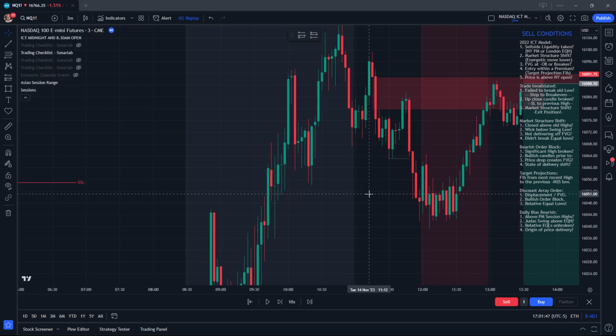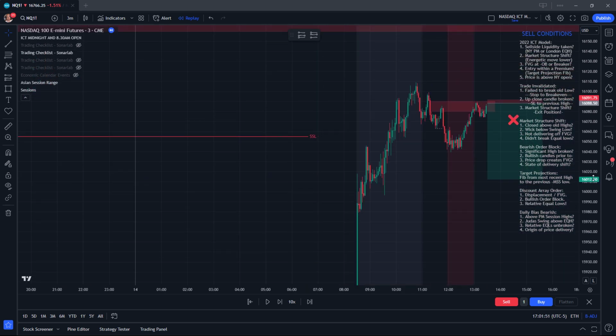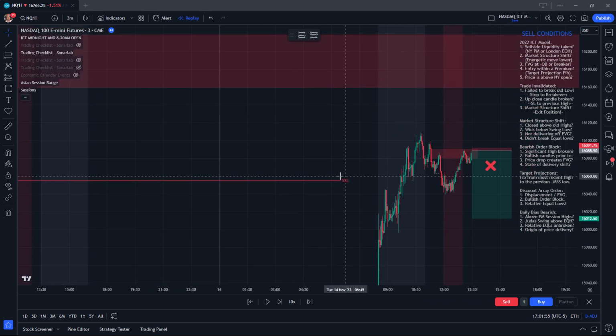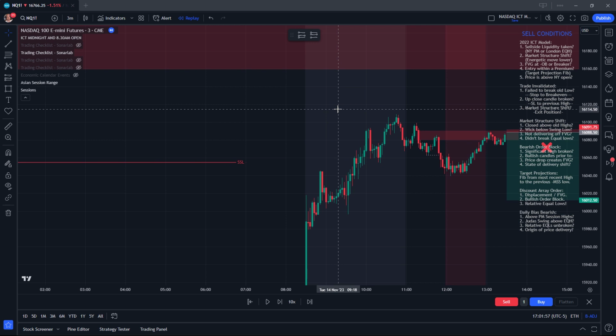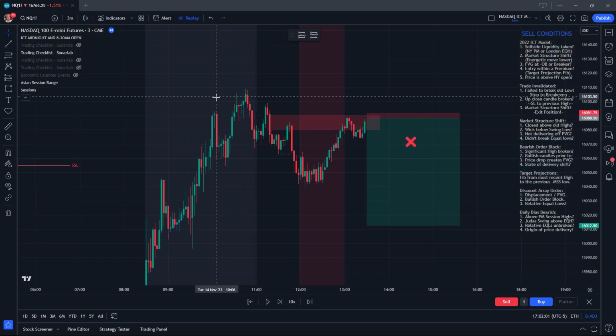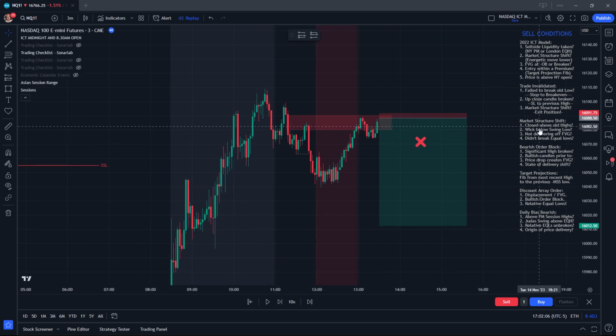Okay, let's have another look at liquidity. No, I think the liquidity is fine. Yeah, it really is the market structure shift here. With these extra specifications, that prevents us from entering this one here.